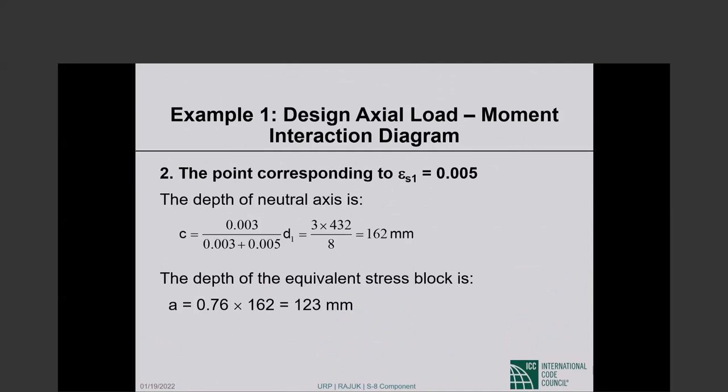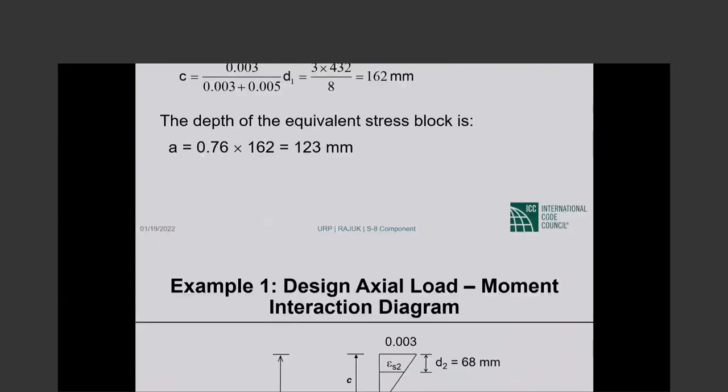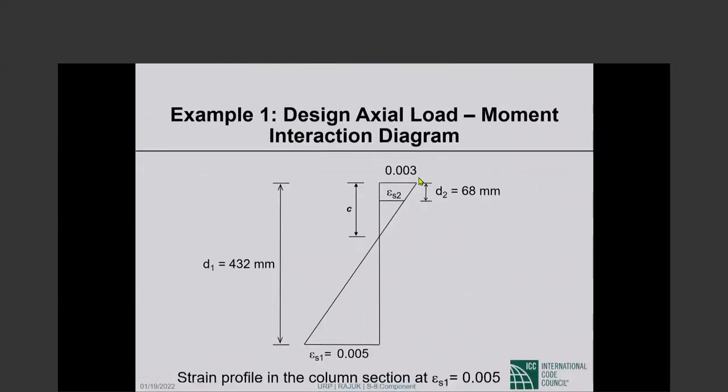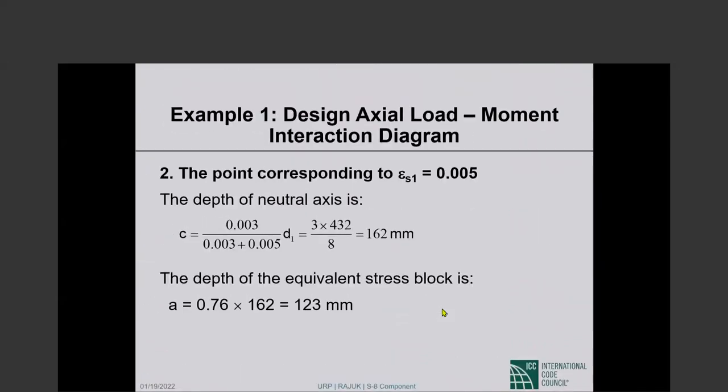The second point corresponds to strain in the bottom layer of reinforcement equal to 0.005. So if we have 0.003 at the top and 0.005 at the bottom in the strain diagram, then the neutral axis depth by straight line strain distribution is 162 millimeters.